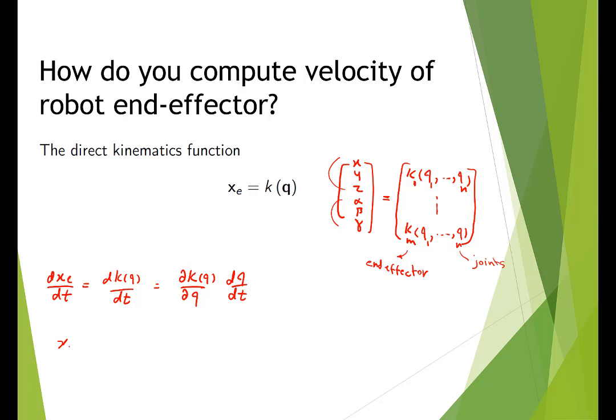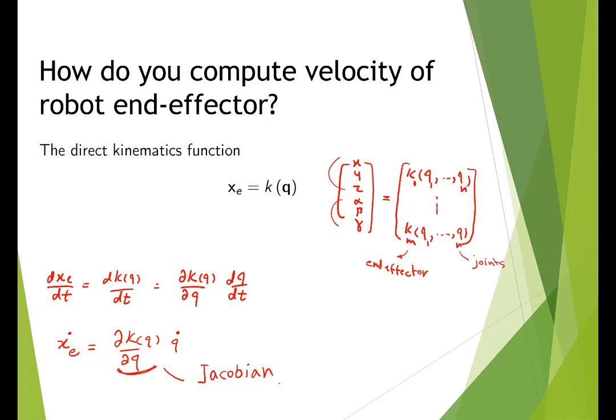And simply, the velocity of the robot end effector is a function of the derivative of forward kinematics with respect to joint variables times the velocity of the joints. This is a nice equation that gives us velocity of end effectors as a function of velocity of joints. But what is this matrix? This is something that we call Jacobian.